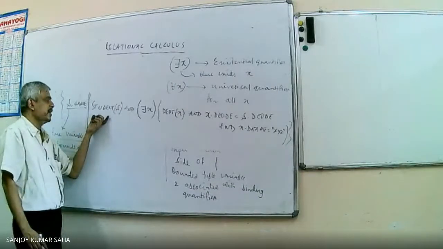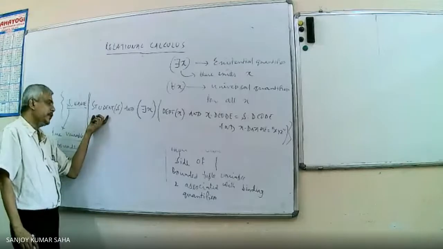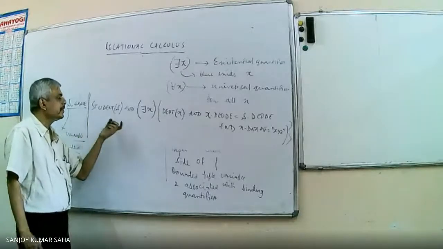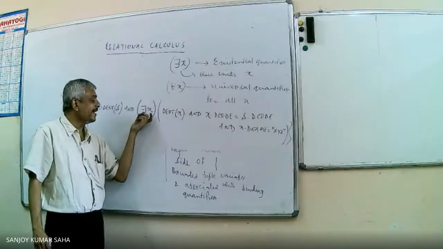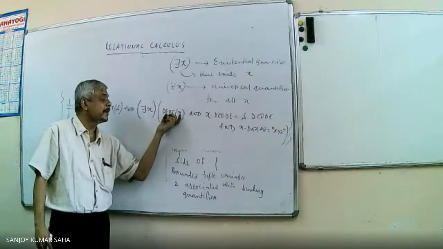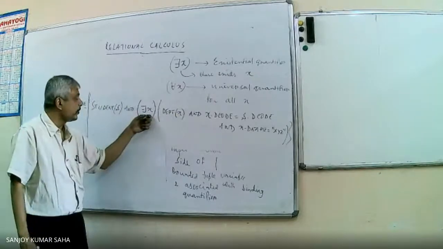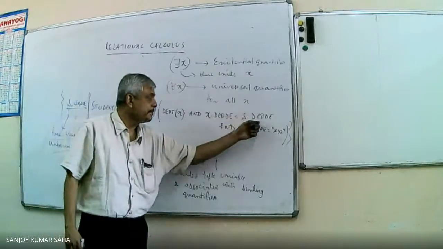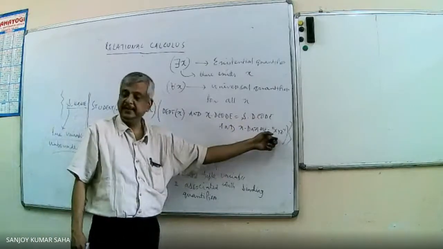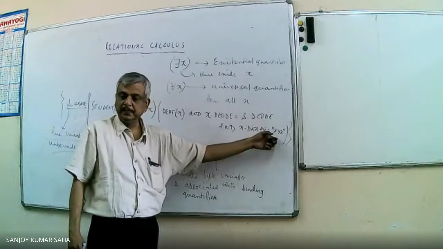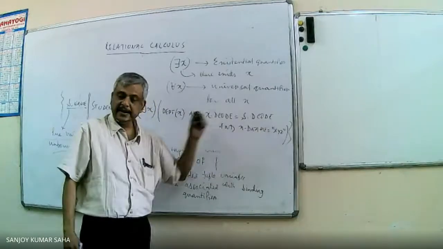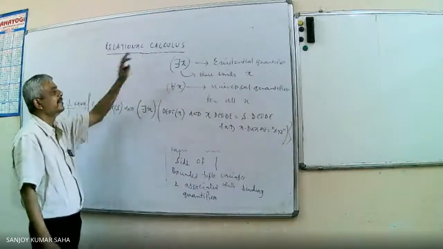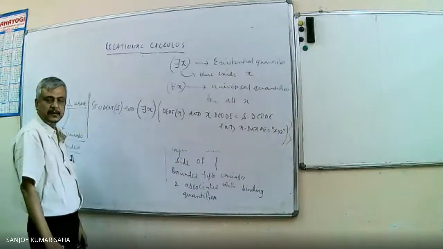So we have taken a student tuple. It will appear in the outcome provided there exists an x, a department tuple, such that the department code of x and the student tuple s are the same, and the department is XYZ. So that is the existential quantifier.